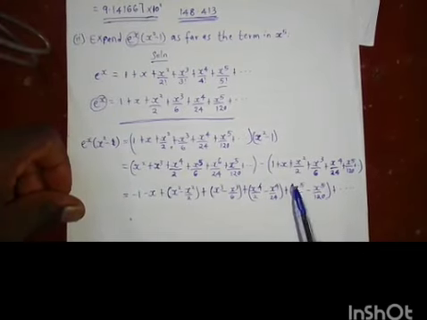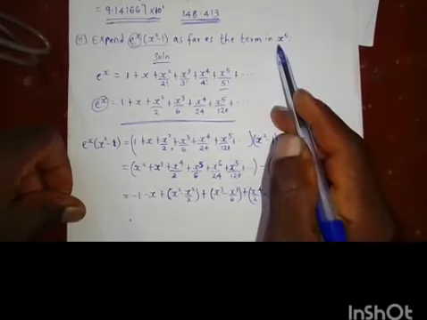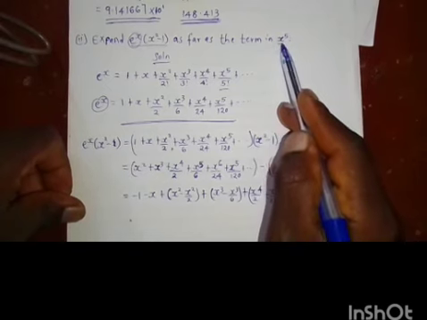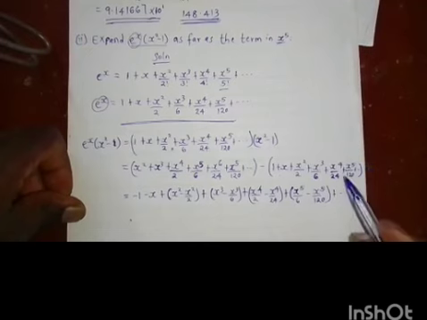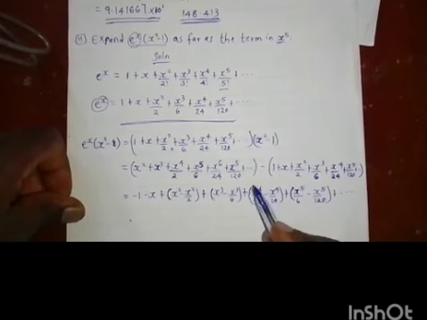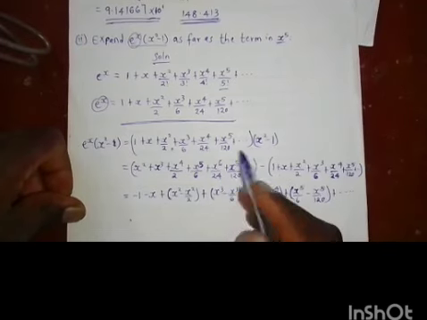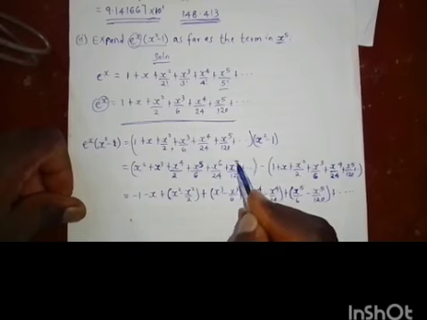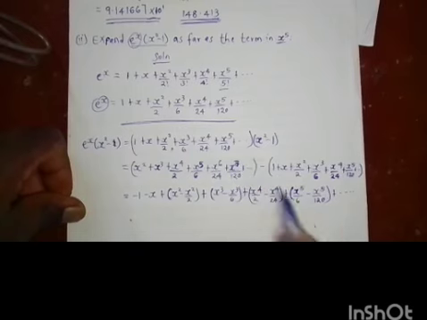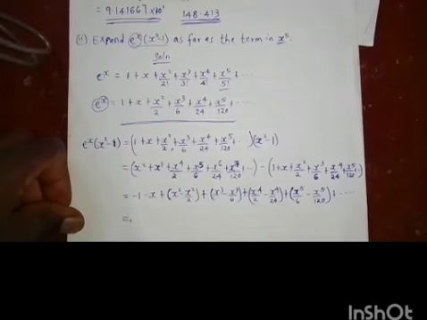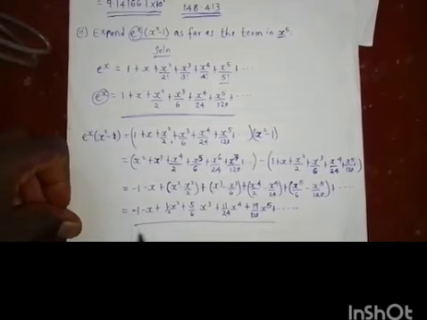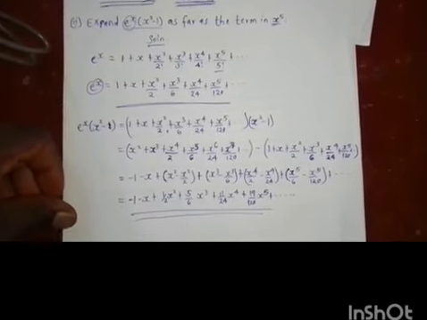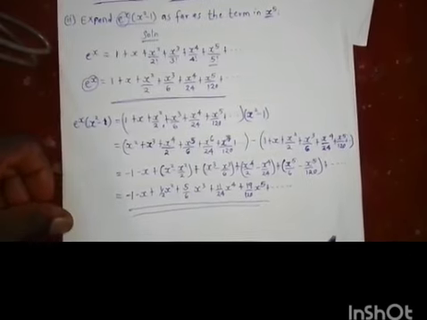We were asked to expand up to the term where x is to the power 5. So the additional powers, x to the power 6 and x to the power 7, we ignore. So our expression becomes, so we have solved.